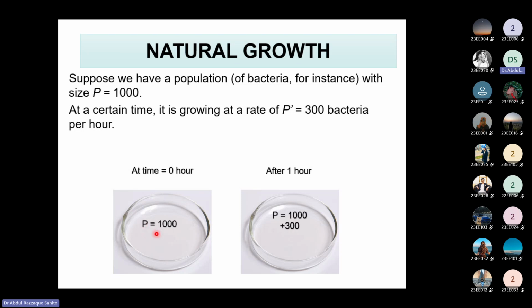Initially the bacterial population in this petri dish is 1000. टाइम कितना है? 0 hour. Let's say after 1 hour there will be an increase in the bacteria. कितने बैक्टीरिया इंक्रीज हो गए? 300. So the total population from 1000 becomes now 1300 after 1 hour.